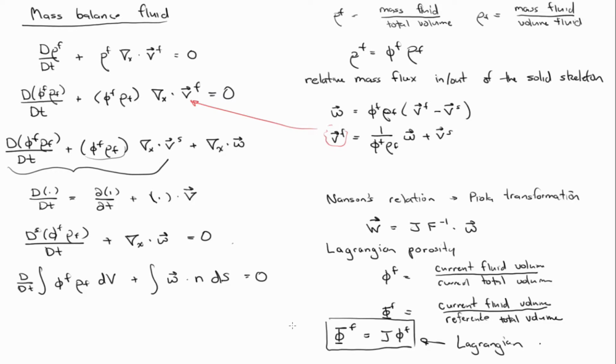And so with these two things, Nansen's relation and this pullback operation of the Lagrangian porosity, we can write a sort of Lagrangian form of the mass conservation on the back of the solid skeleton.